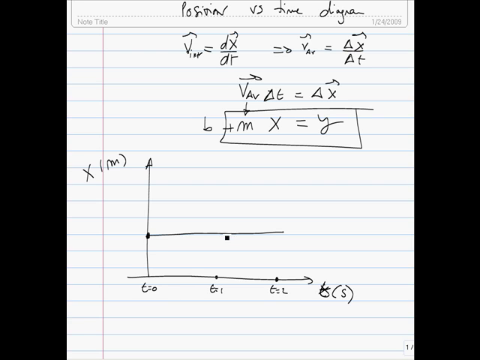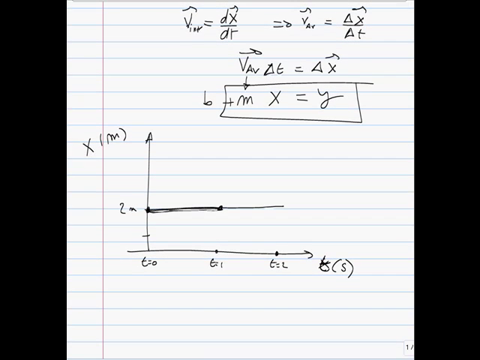From t is equal to 0 to t is equal to 1, we can see that our displacement hasn't changed. It's still equal to, let's say, 2 meters. Therefore, if we haven't moved, or haven't changed our position, our delta x is 0, and therefore the velocity is 0.